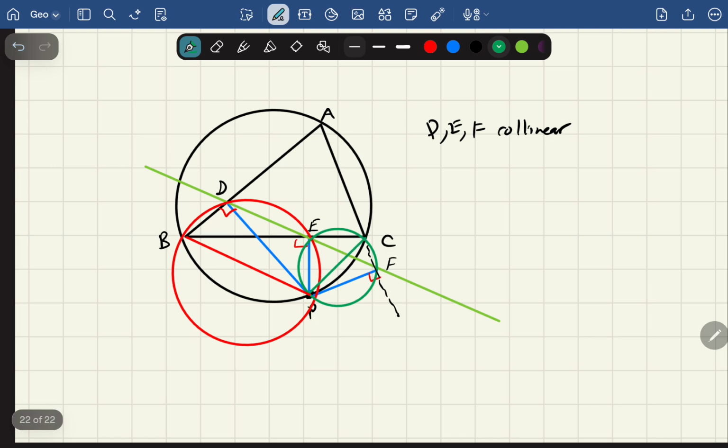If we connect P to C, which is the diameter, then PEC is a right angle, and then PECF are also cyclic. So immediately we have lots of cyclic stuff.